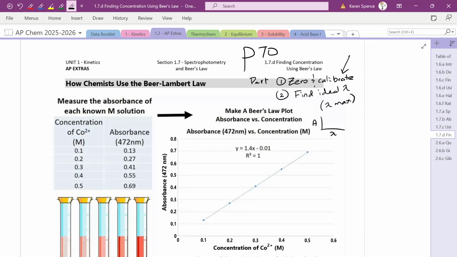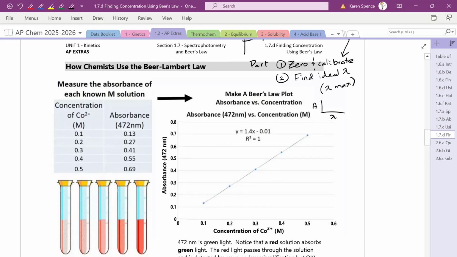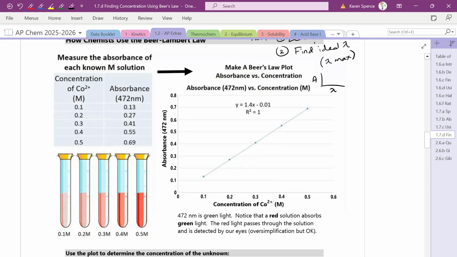So if you remember last day, this guy had pretended to stick all of these cuvettes into the spectrophotometer and gotten all these different absorbances, and then plotted the absorbances, and they got a curve.